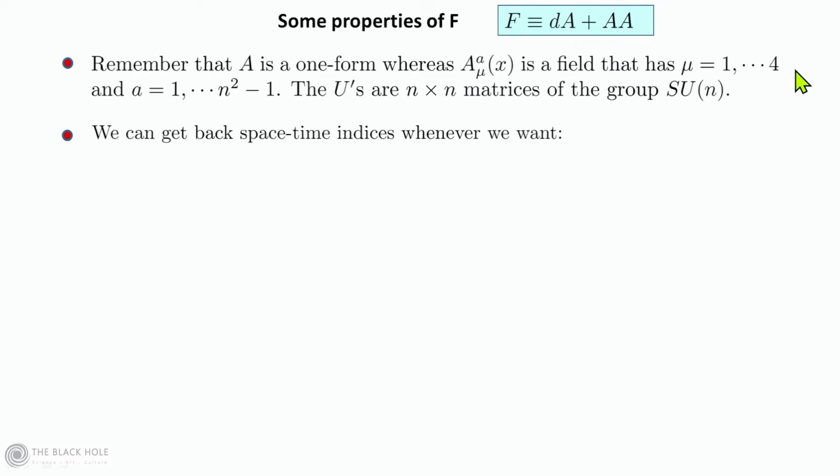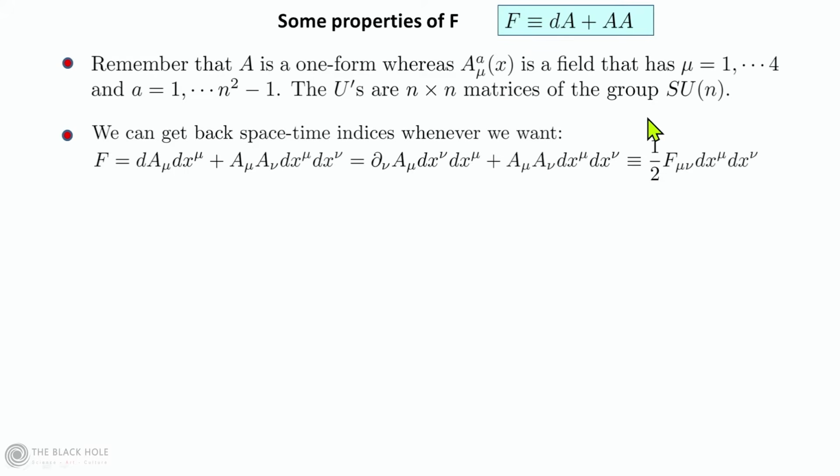And now, if you want space-time indices, so this is fine as it is, but suppose you want space-time indices, then what do you do? Okay, so multiply this over here by dx mu.